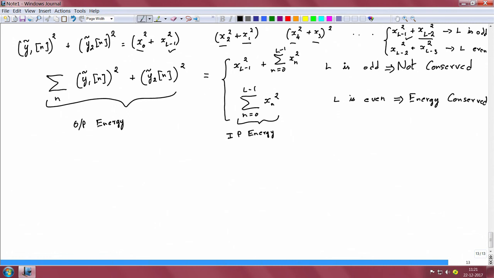Now, here we have done this for the first stage. What happens at the output of the second stage? Essentially, for the first stage, L must be even for energy conservation.